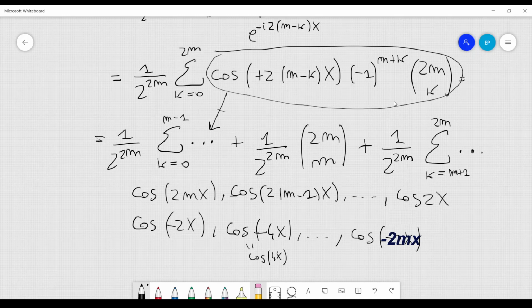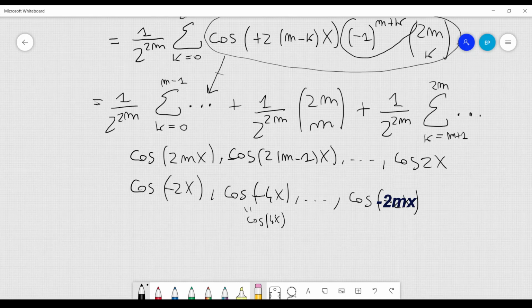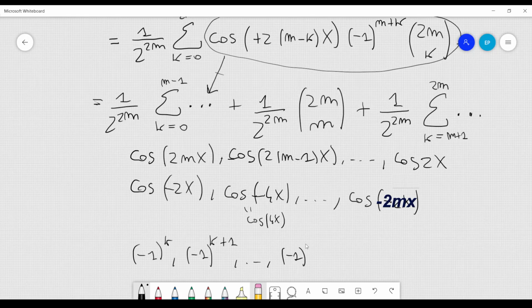So these cosines will be the same, and the same will hold for minus 1 to the power m plus k, because I can change, for example, the sign here in the index k. So for the first sum, minus 1 to the power m plus k will be minus 1 to the power k, and then I will have minus 1 to the power k plus 1, all the way up to minus 1 to the power k plus m minus 1.